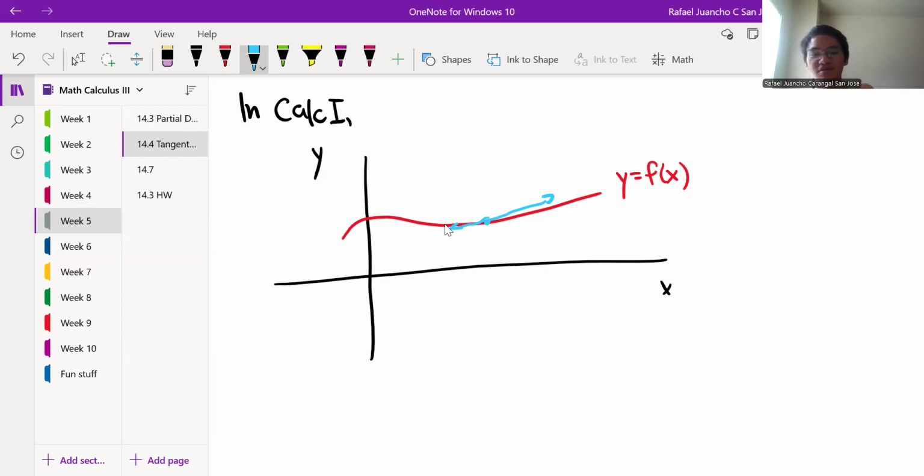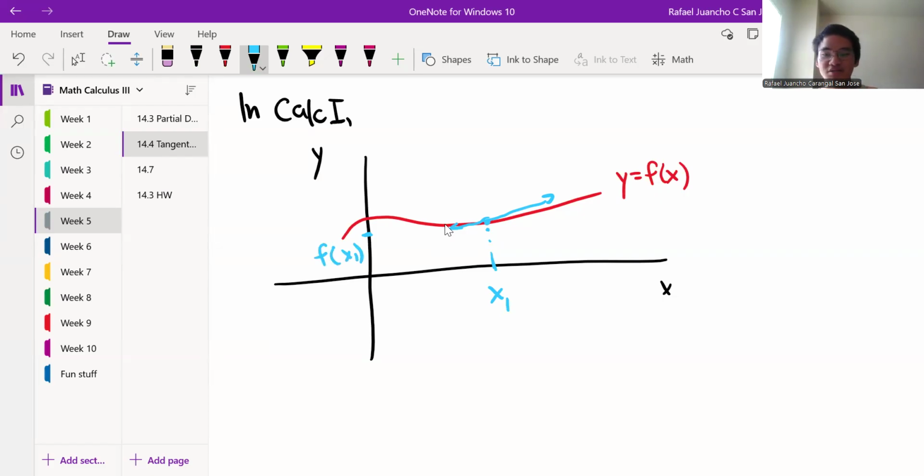And we call this the derivative at this point. Let me do some point x sub one. And so what is the output going to be? Well, f of x sub one.